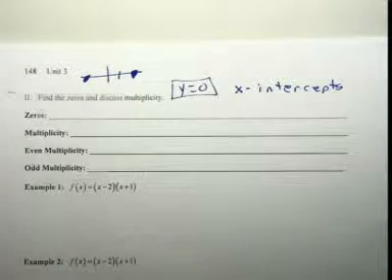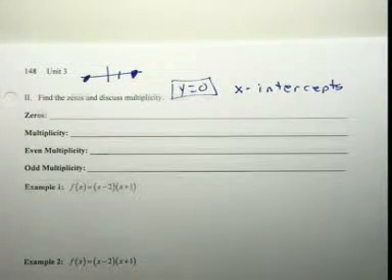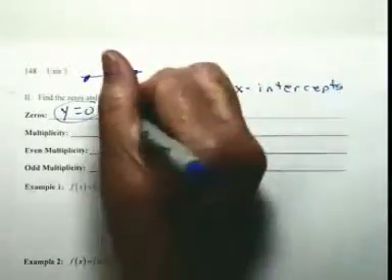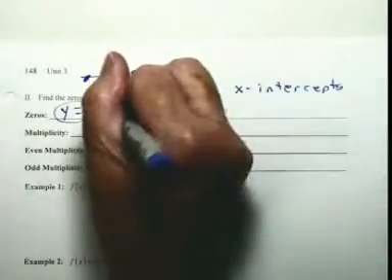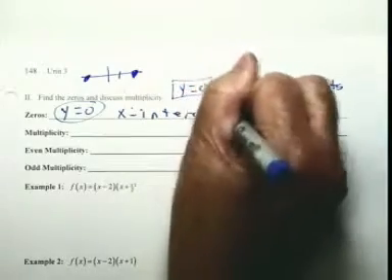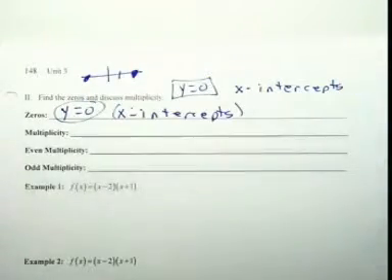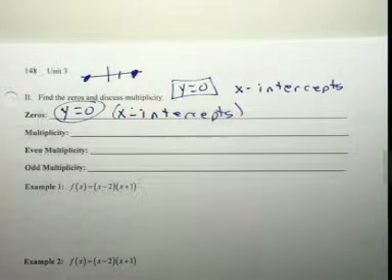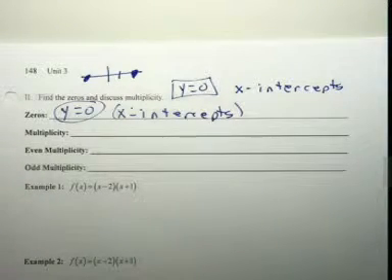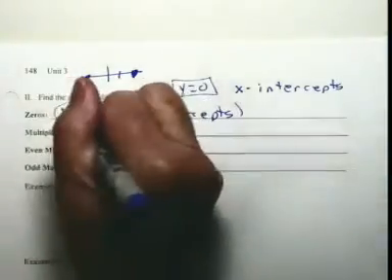So again, we're not graphing yet. We want to find the zeros. The zeros are where you let y equal 0, and they are the x-intercepts. Now, multiplicity is how many times an answer occurs.